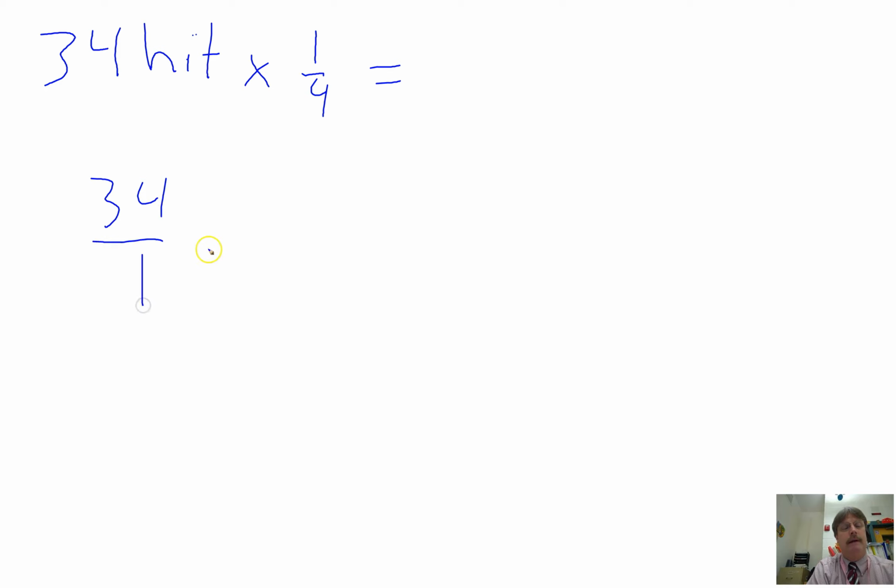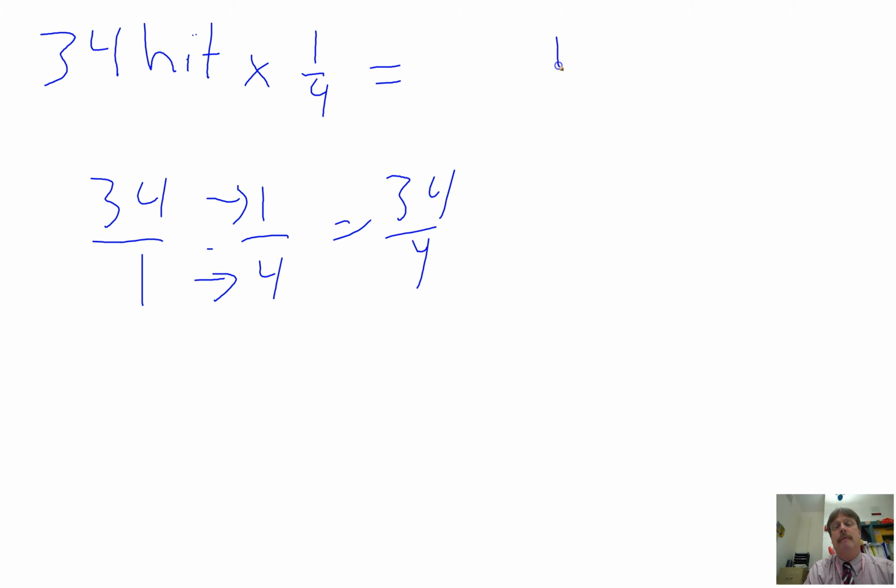The second way that we can figure this out is that we can just say 34 at-bats, and they're going to hit a quarter of those, so we multiply by 1/4 to estimate. So we do 34 over 1 times 1/4. We multiply straight across, so that gives us 34/4.